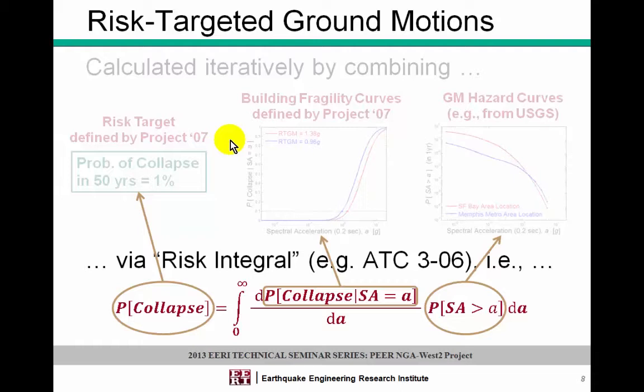So the fragility curve tells you, if you see a particular level of ground shaking intensity, what is the probability that your building will collapse. The hazard curve then tells you what are the probabilities of the different levels of ground shaking intensity.